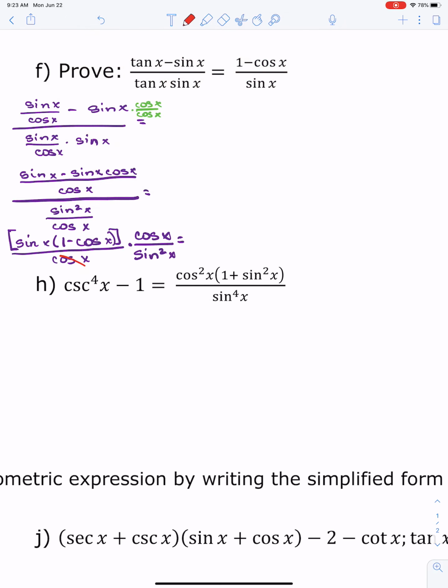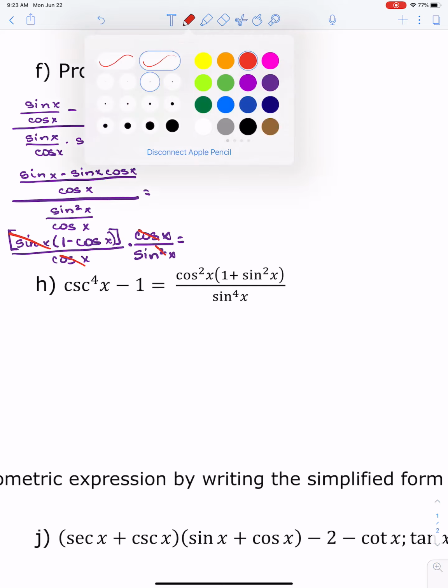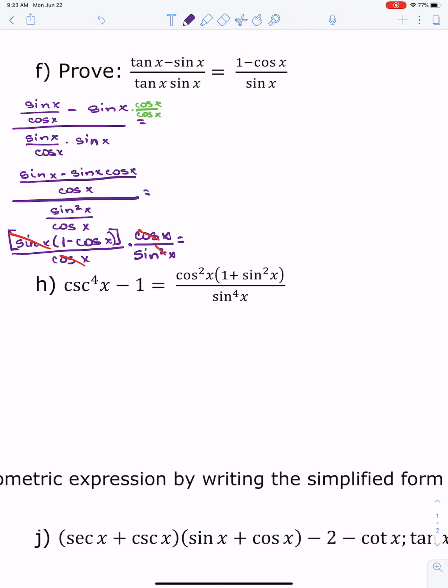My cosine x's cancel. One of my sines cancels. And I get 1 minus cosine x over sine x, which is what the right-hand side looks like. So that one is done.